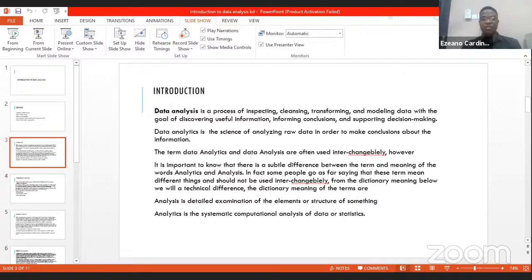From the definition, we understand that we have a lot of data flying around, because of the internet and social media, a lot of data are being generated.